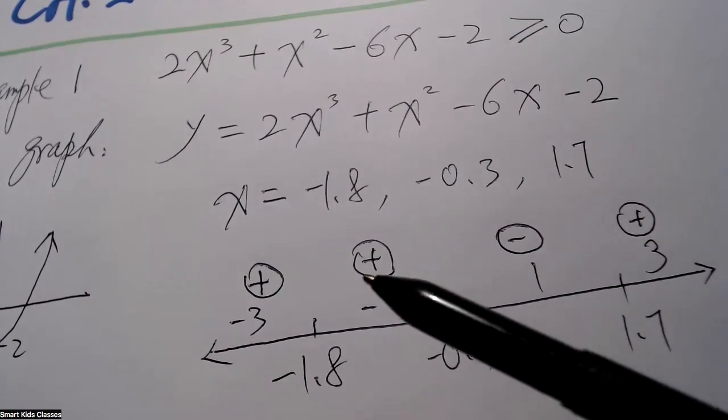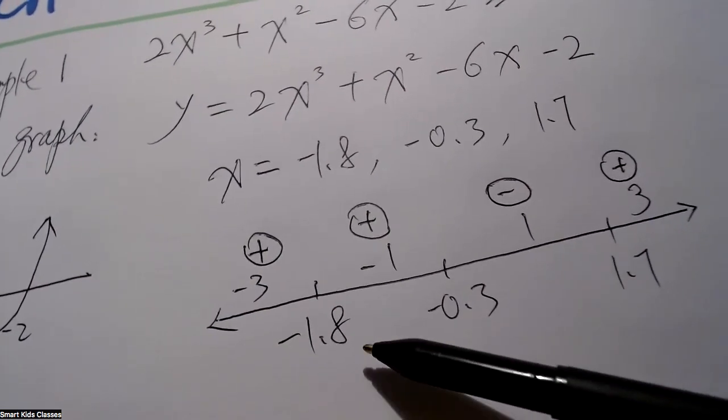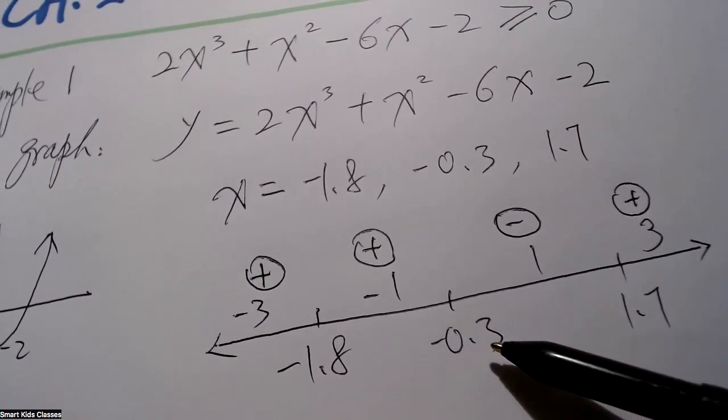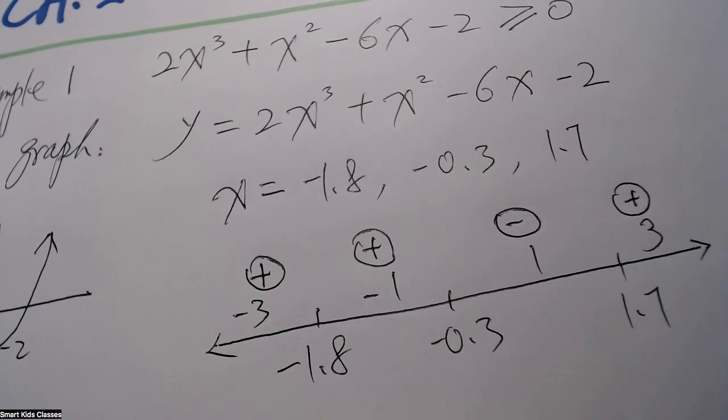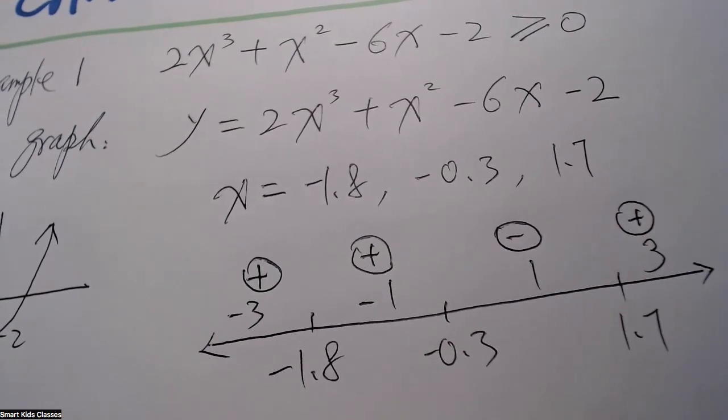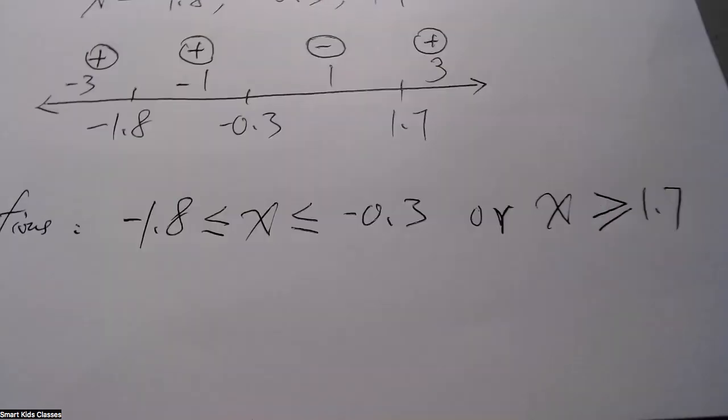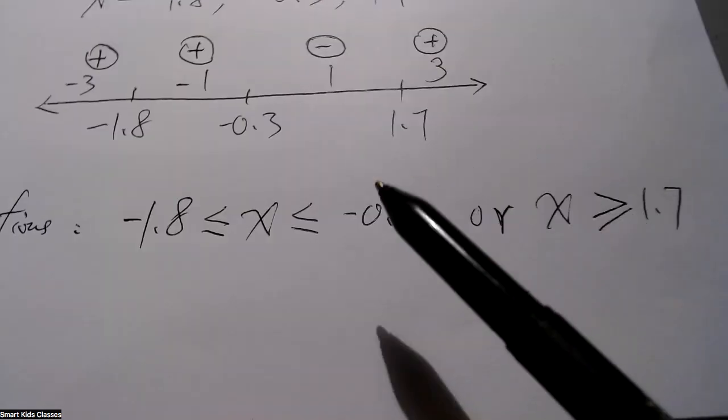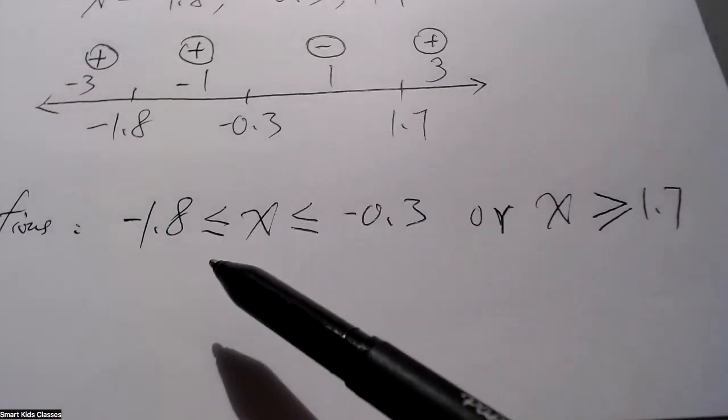So therefore, we have 3 answers: the intervals around negative 1.8, negative 0.3, and 3. So only the one in between negative 0.3 and 1.7 is not an answer because it's smaller than 0. Now we're going to write all the test solutions right here.